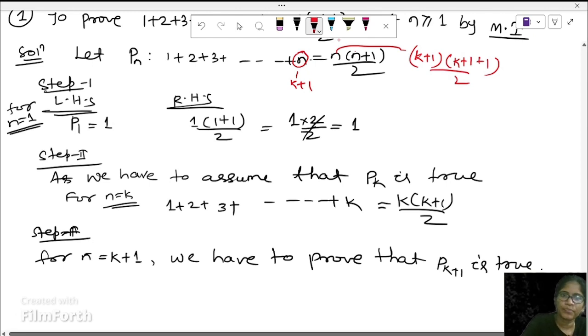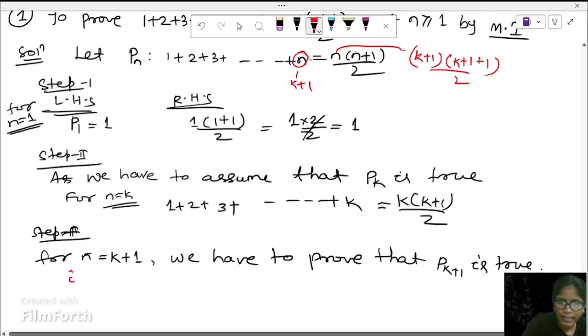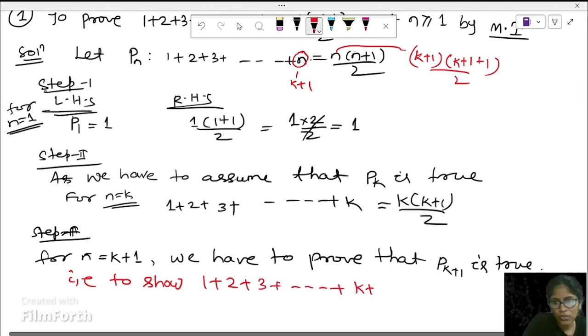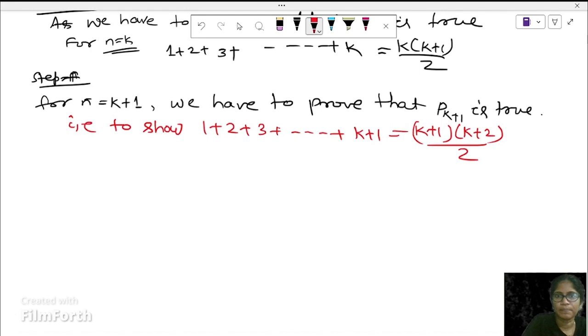So for k plus 1, that means Pk plus 1, we have 1 plus 2 plus 3 plus up to k plus 1 is equal to k plus 1 into k plus 2 by 2.